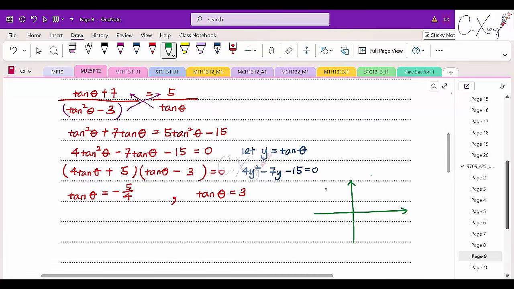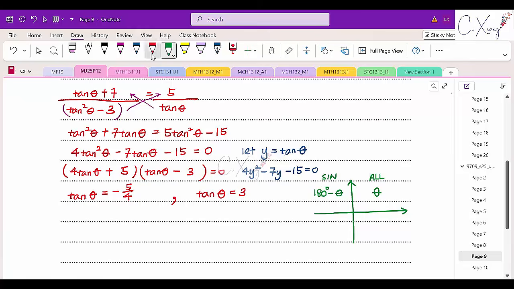I only consider the first two quadrants on top. For the first quadrant, everything is positive. For the second quadrant, only sine is positive. To get an answer from the first quadrant, it is actually the theta, and the theta here I define as the basic angle. For the second quadrant, if you want to get the answer from this part, you have to take 180 minus the basic angle. Okay, so I only show you the solution for these two quadrants because our answer is restricted to this part.